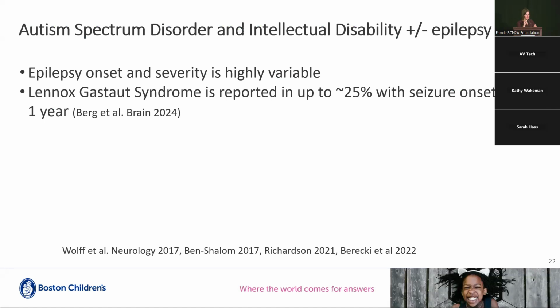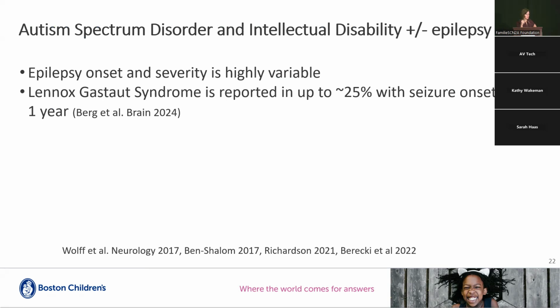And then the final subset that I'll talk about are the autism spectrum disorders and intellectual disability with or without epilepsy, but onset beyond a year of age, often in that subgroup. And that's pretty heterogeneous. Many of those individuals don't fall into a syndrome, but if they do have a syndrome, Lennox-Gastaut syndrome is the most common, which consists of multiple seizure types, mostly generalized drop seizures, very common.